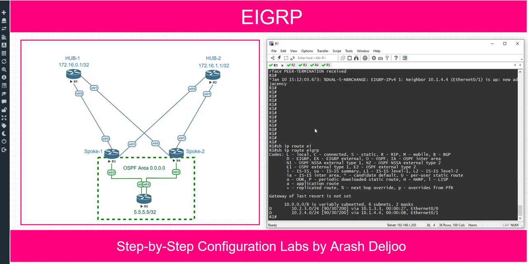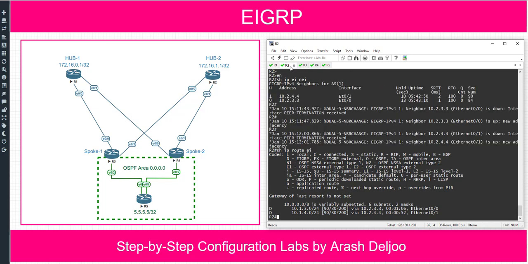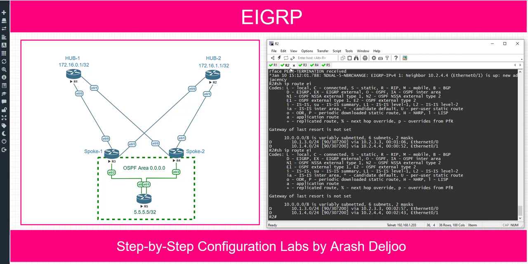Let me show you. Now we expect not to see these networks. Why? Because we didn't configure the EIGRP stub feature for advertising the redistributed networks. Look here, we don't have any difference. And also in router 2, again, we don't have any difference.